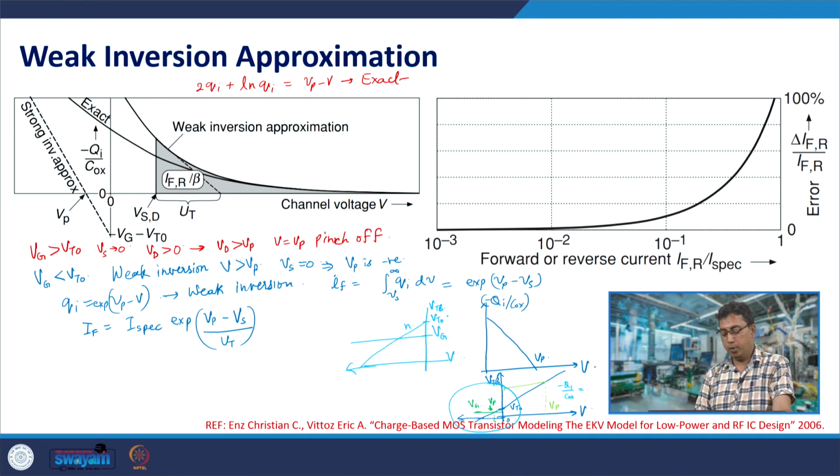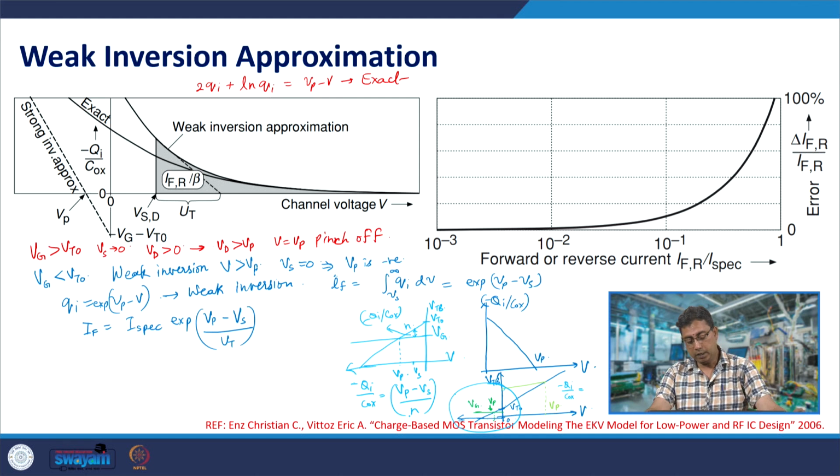Slope n. So, now you are saying that this is the value of Vp for your Vg, and suppose your value of Vs is here, this is the value of source potential. Then what is the inversion charge at the source potential? From our earlier discussion, it is given by this value. You can again write it as Vp minus Vs by n.